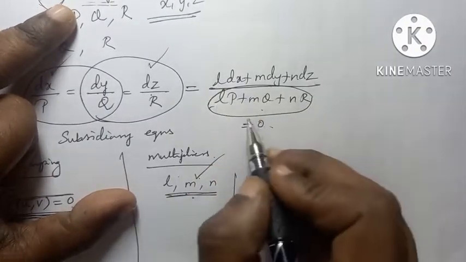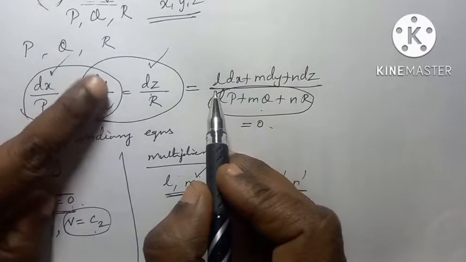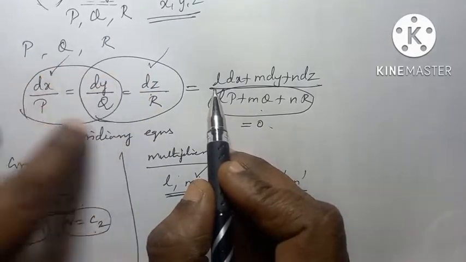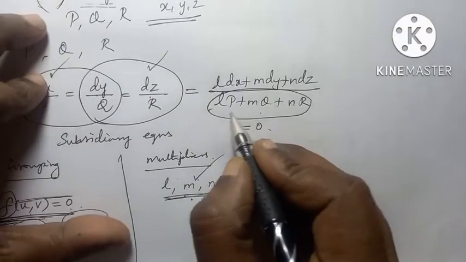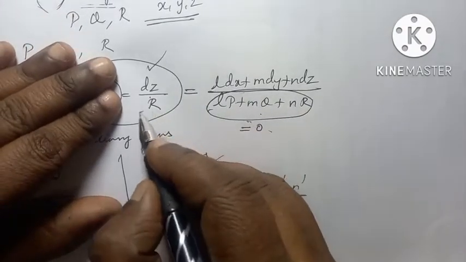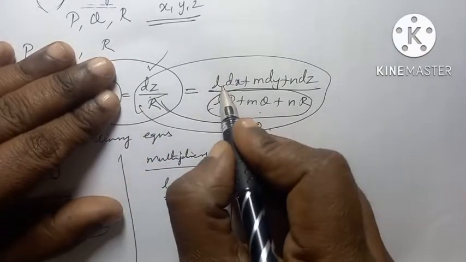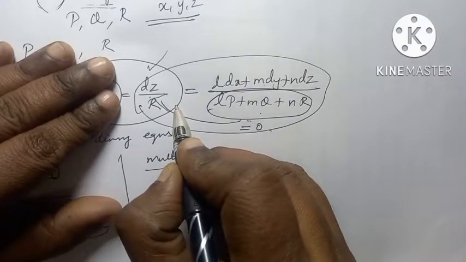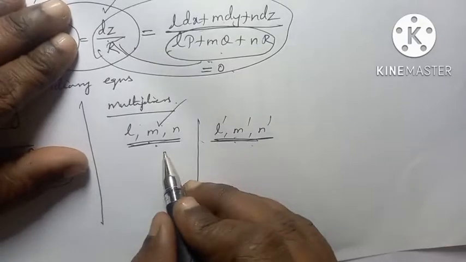L dx plus M dy plus N dz. See, multiply the numerator and denominator here by L, here by M, here by N, and add, which is the new ratio now, right? If the denominator is 0, you can take any two ratios and cross multiply. You will get L dx plus M dy plus N dz equal to 0, which will give you the first solution, u equal to c1.